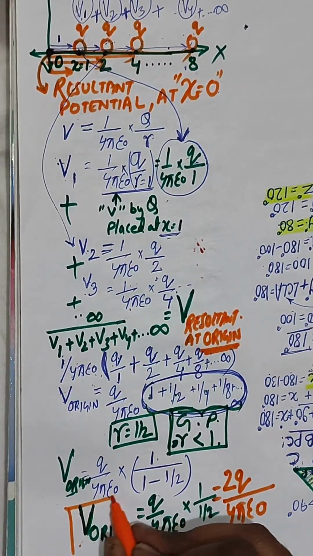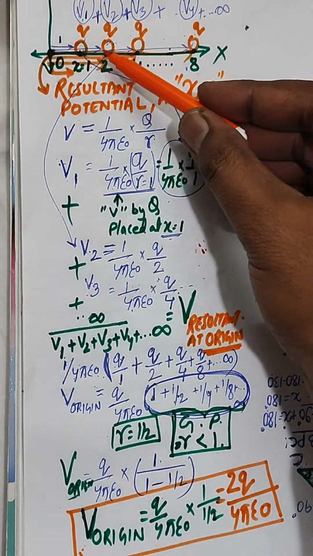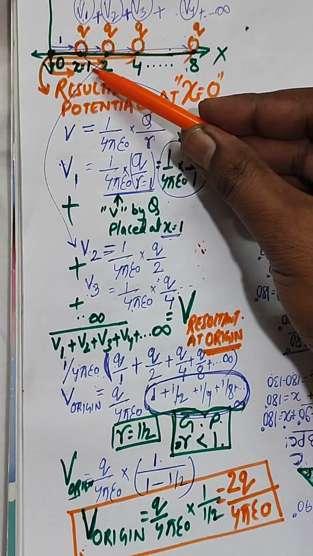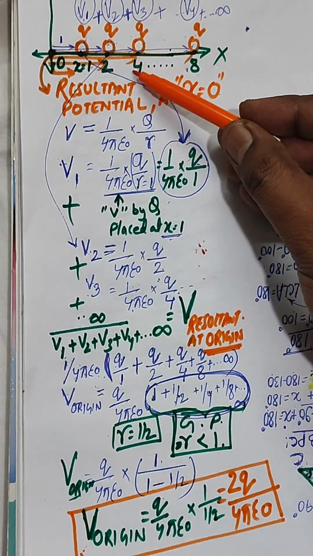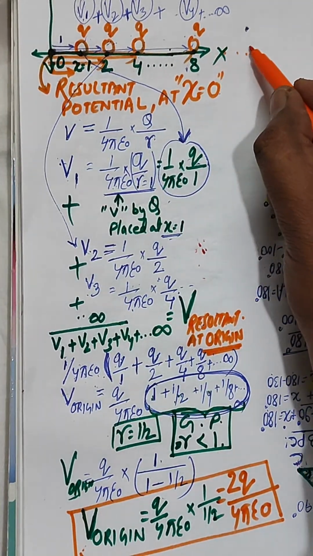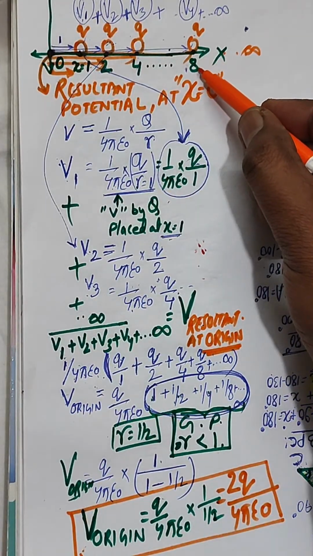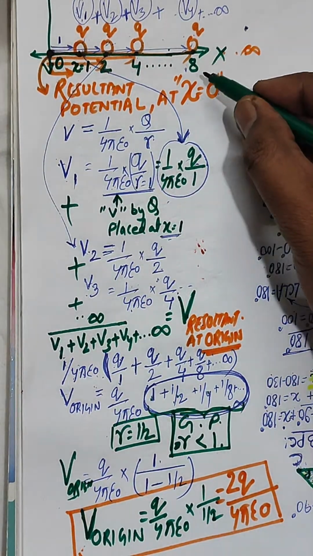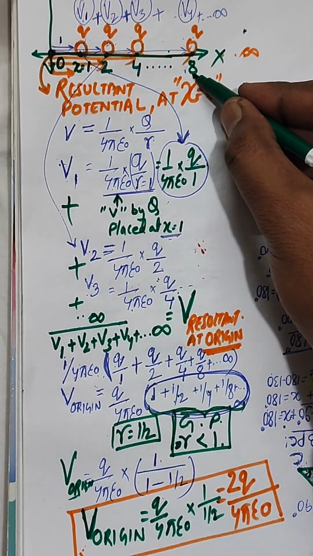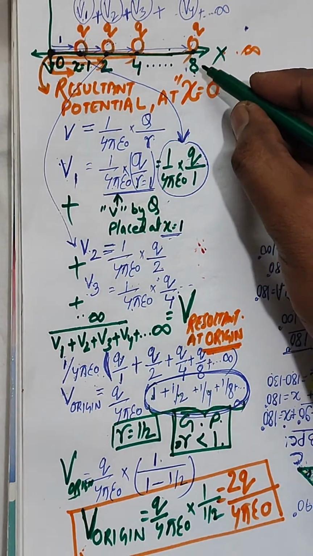This is the equivalent potential at the origin by the infinite charges placed at locations x equal to 1, x equal to 2, x equal to 4, x equal to 8, x equal to 16, like that till infinity along the plus x direction. All these charges are creating a potential at the origin.